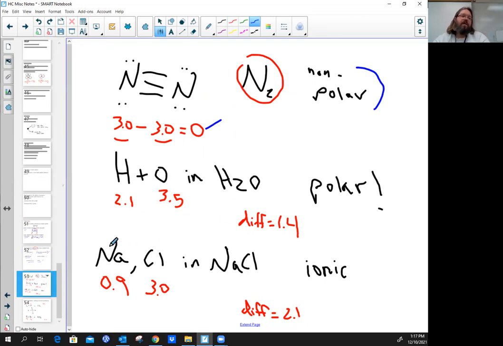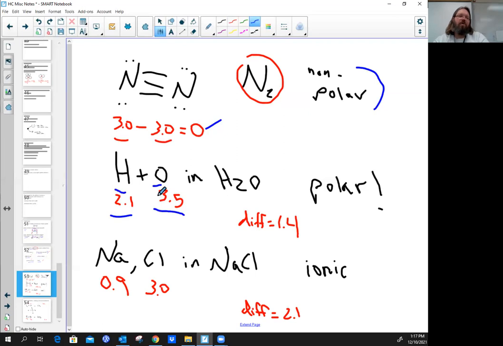Okay. Now, let's look at hydrogen and oxygen in water. So H2O. We talked about water being a polar molecule or containing polar covalent bonds, but let's prove it using the numbers, right? The electronegativity of oxygen is 3.5. That's right off the chart. The electronegativity of hydrogen is 2.1. 3.5 minus 2.1, right? And you always subtract the smaller from the bigger.